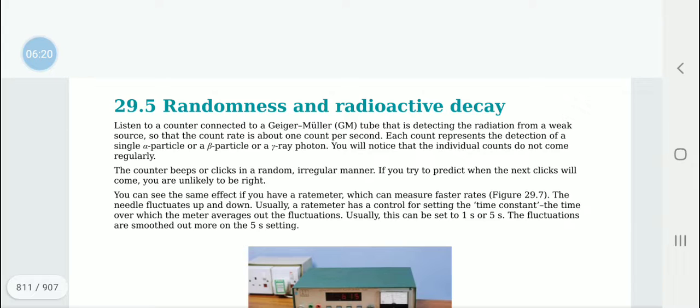Radioactive decay releases alpha, beta particles or gamma ray photons, which can be detected by a Geiger-Müller tube. When observed, we will understand that these detections are irregular in pattern and are quite random.